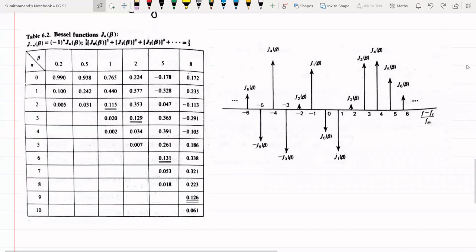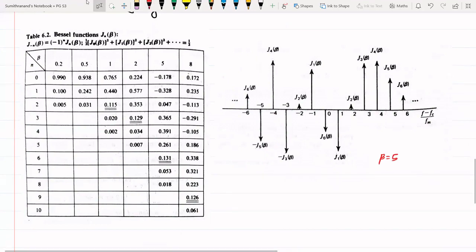This table shows the values of Bessel functions for different values of n and beta, and the second figure shows the frequency modulated spectrum for beta equal to 5, that is modulation index 5.